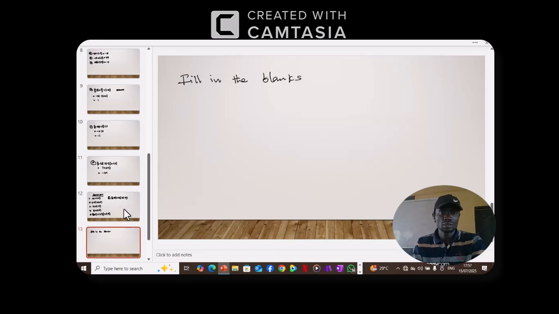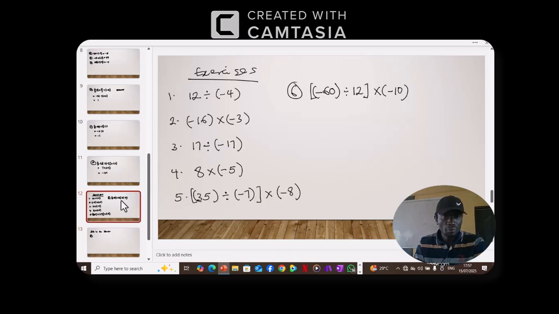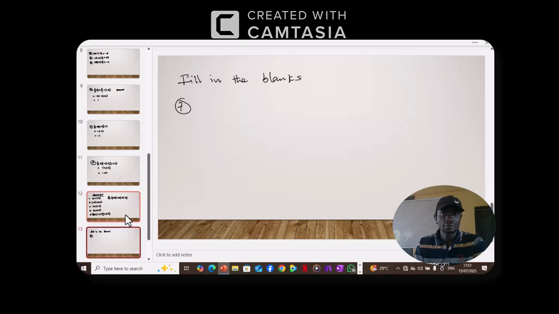Number 7, minus 3 times the box equals minus 6.